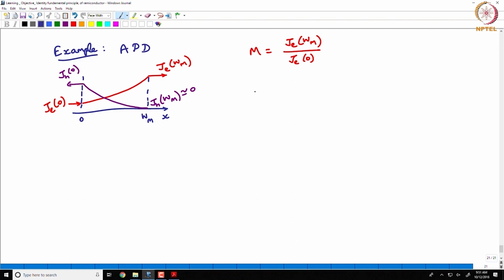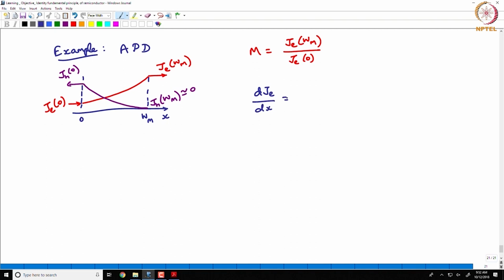To find that, we'll have to look at the rate at which things are changing across this junction. So let's say dJE over dx is what we want to find out.